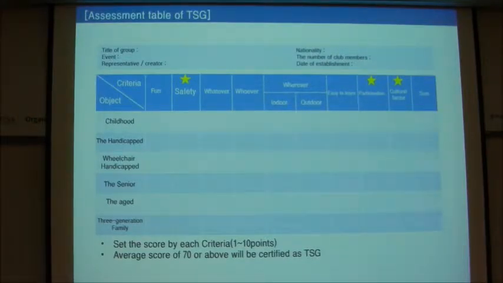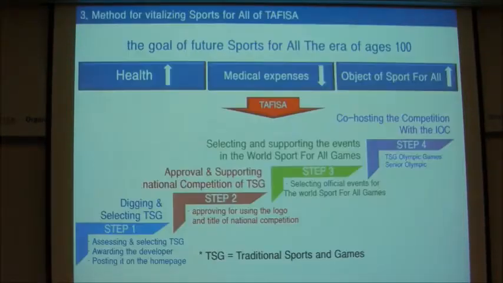The table shows criteria such as fun, safety, participation, and cultural factor and so on for each evaluation, and applies to each class. And awarding the developer and posting it on the homepage of TAFISA. This will promote the TSG in various countries.